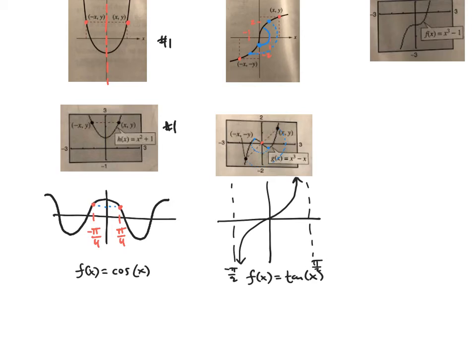It's got this cool symmetry to it. You may not remember this, or maybe you do, but the tangent of pi over 4 is 1, and the tangent of negative pi over 4 is negative 1. Oops, there we go. Wow, that was poorly sketched. Let me try that again. Sorry, guys. Negative 1. That's better.